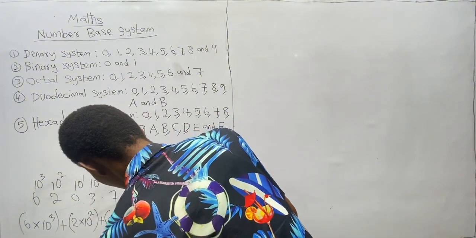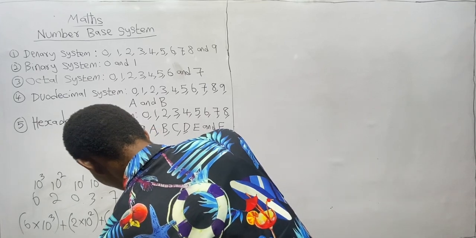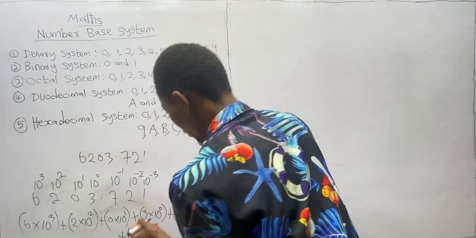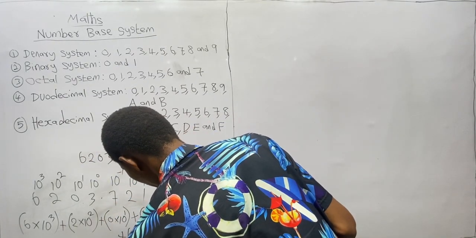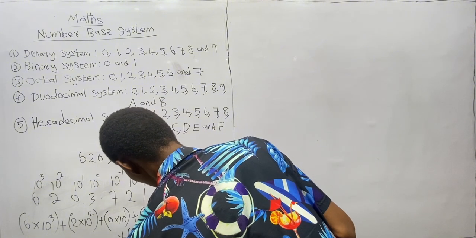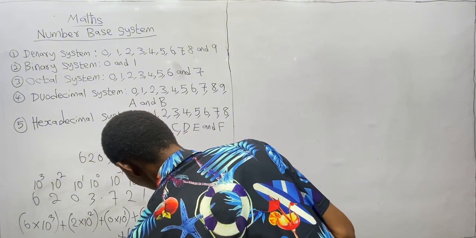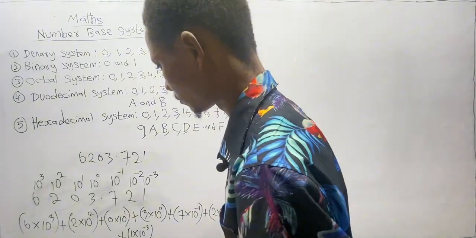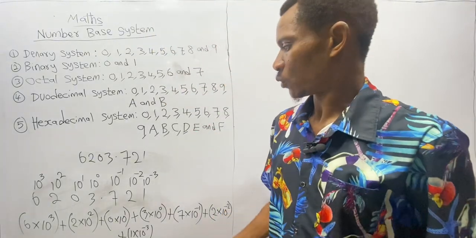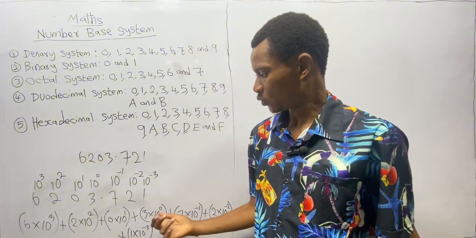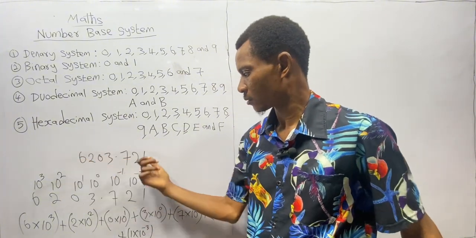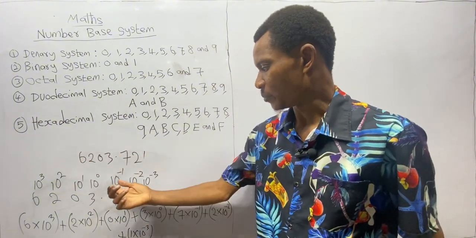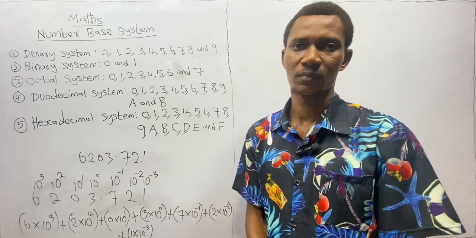Let me write it here. Plus 1 times 10 raised to the power of minus 3. So with this, you know that this number is in what? Base 10.